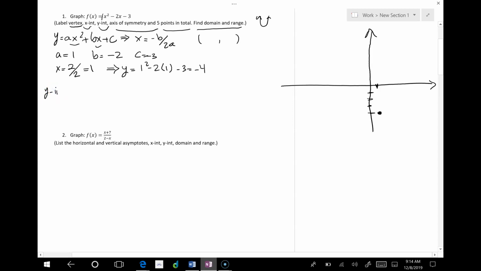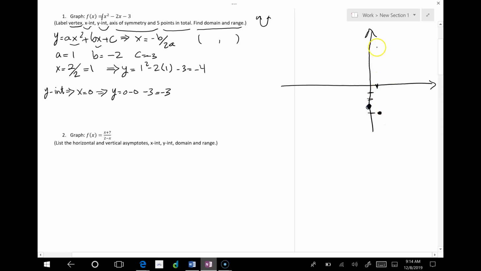Y-intercept happens when x is 0. So that would be y equal to 0 minus 3, and that's negative 3. So y equal to negative 3. So that would be this point.